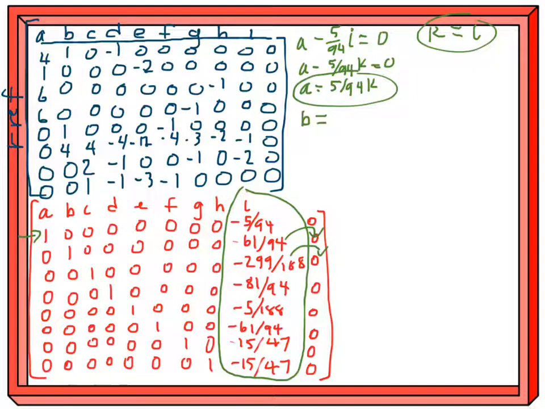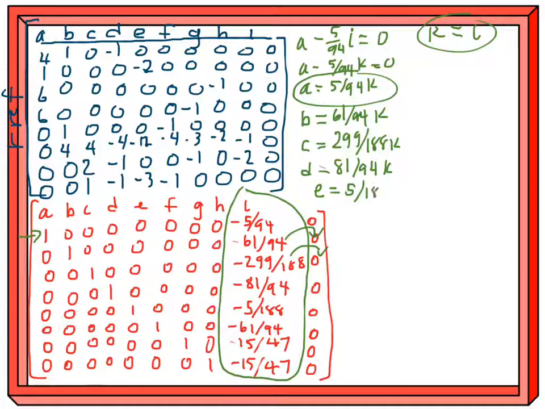So, in that case, B is equal to 61/94 k. C is equal to 299/188 k. D is 81/94 k. E is, make sure I line this up right, looks like that's 5/188 k.